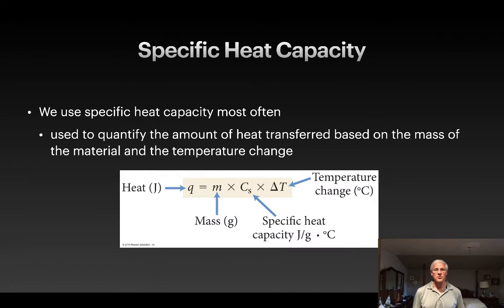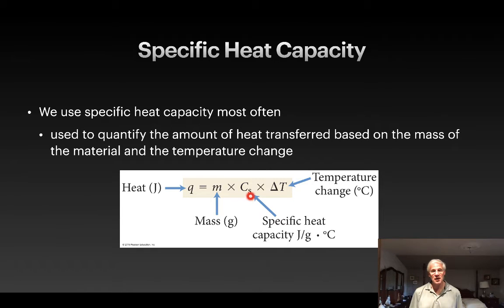So we have a nice equation here where we have heat in joules is equal to Q, where Q is the amount of heat. Remember, Q is always heat. So heat is equal to our mass of our material in grams times the specific heat.